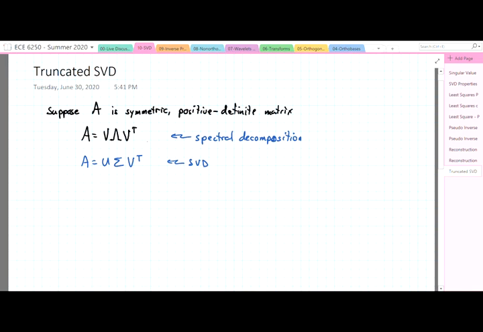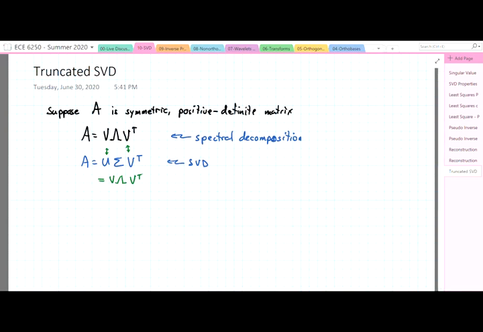So when I say can be the same, it turns out there are some subtleties where we could use rotations to change things around a bit, but for now we won't, and we'll just show this. So an SVD could be V sigma V transpose. It's the same as before.